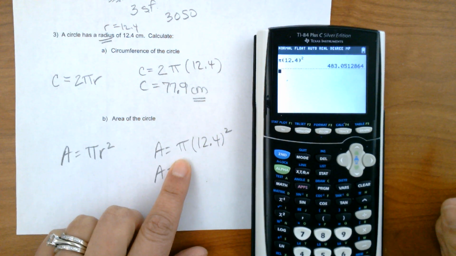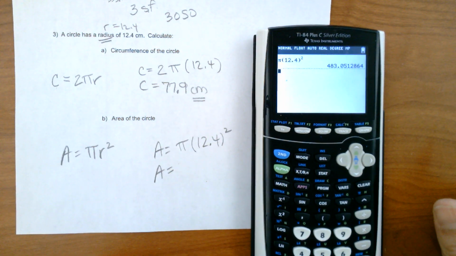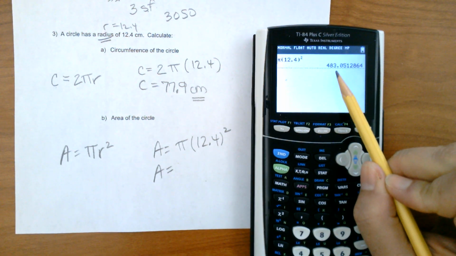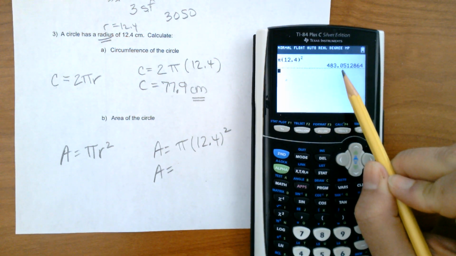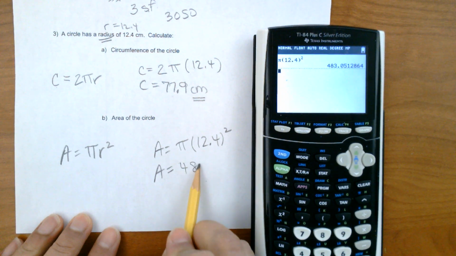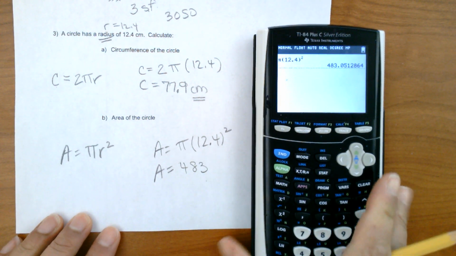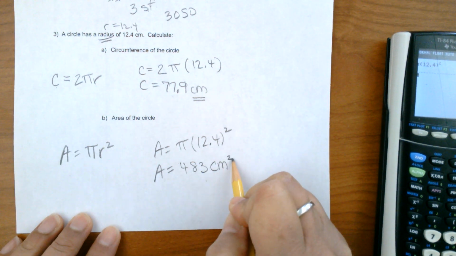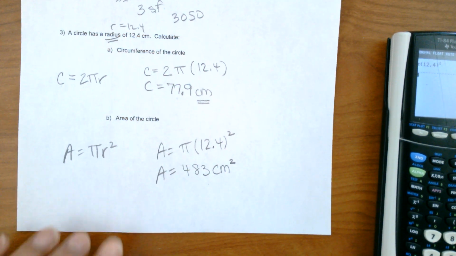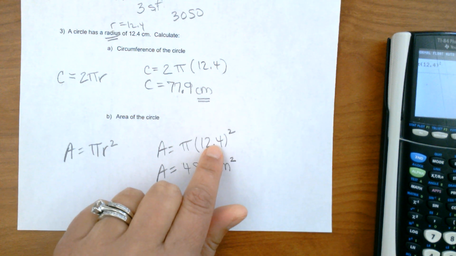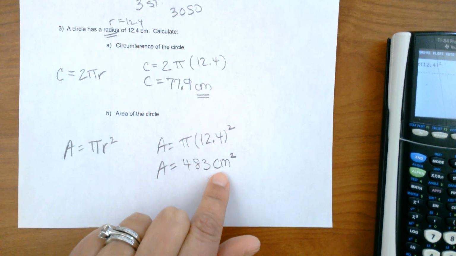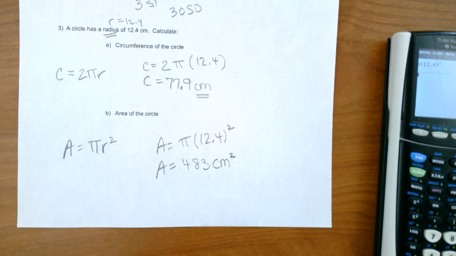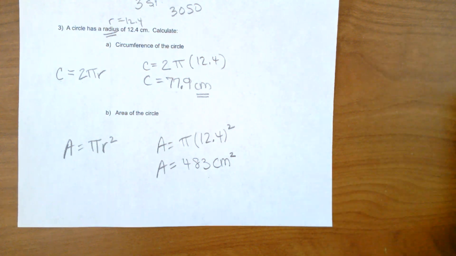Let's see what this comes out to be. 483.0512. So I'm going to round to 483. This is 0, which is 4 or lower, so it's just 483. That's my centimeters, but here's the ticket. It's squared because I'm doing area. We're doing the radius squared, so this gets centimeters squared, rounded to 3 significant figures.